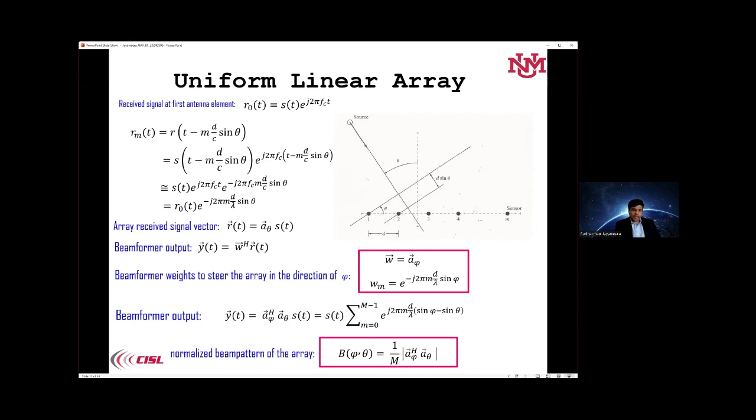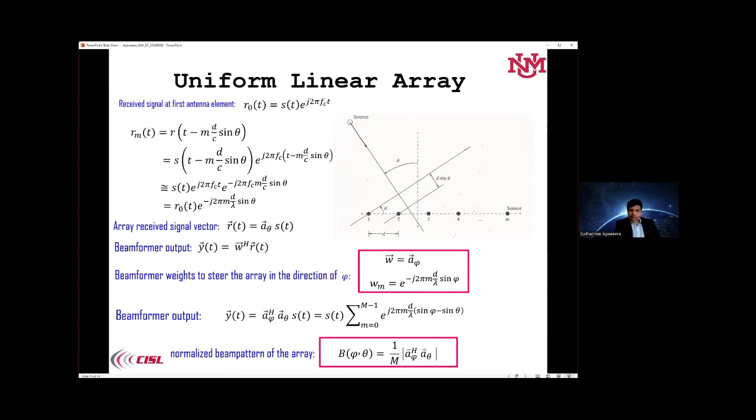But then the e to the j 2 pi f c t terms you can separate, so compared to the first element received signal, there is an additional phase factor, e to the minus j 2 pi m d sine theta over lambda.